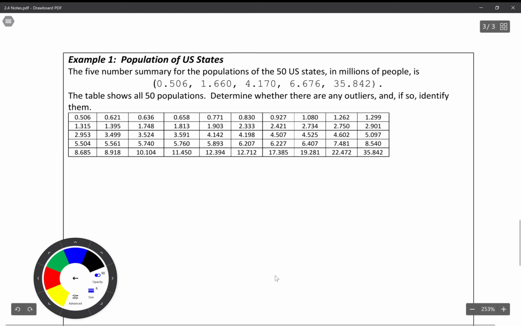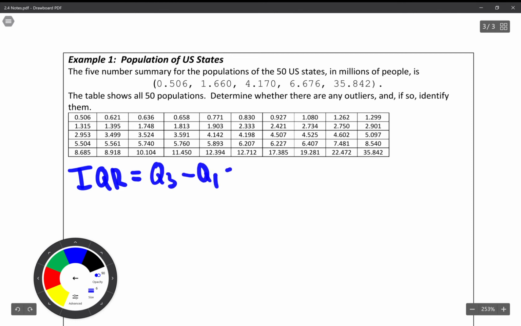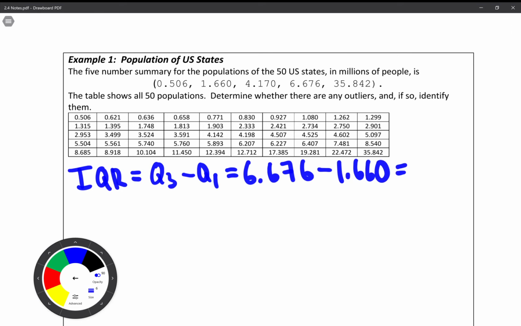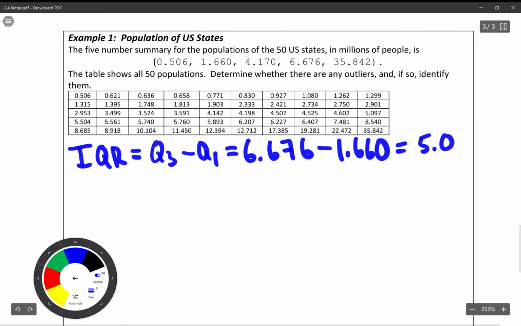Of course, the first thing you want to do is find your IQR, which is your third quartile minus your first quartile. Pick up your calculator, subtract that. 5.0. Cool.